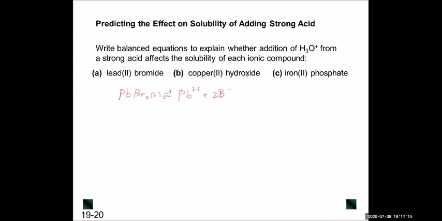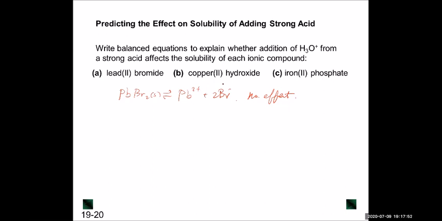This dissolving gives you bromide. The bromide is the conjugate base of a strong acid. So this is a very, very weak base, which means it doesn't react with hydronium. There will be no reaction. Hydronium will not react with the bromide. So that means adding hydronium has no effect, because the bromide ion that comes from dissolving is an extremely weak conjugate base of a strong acid.